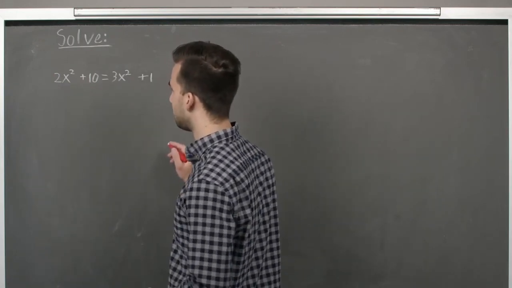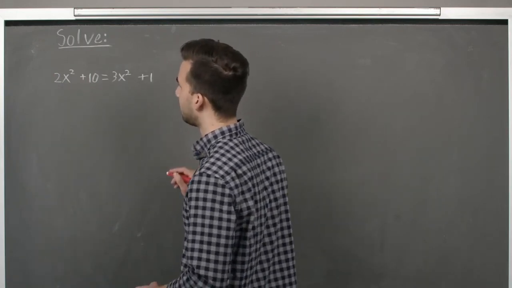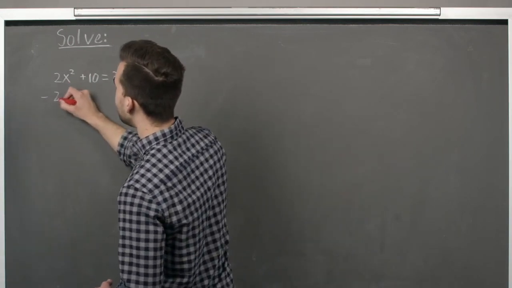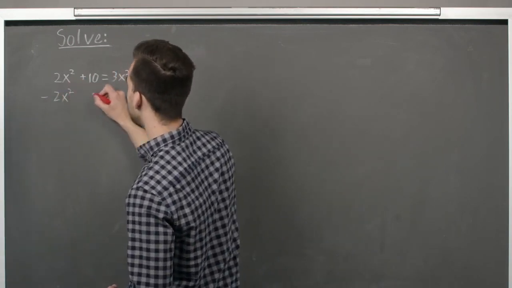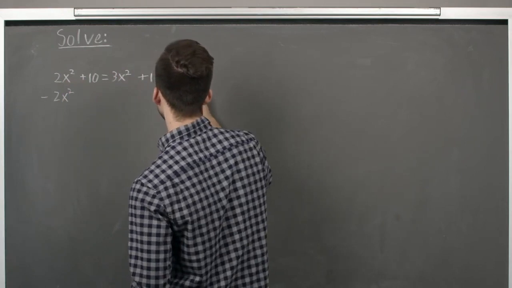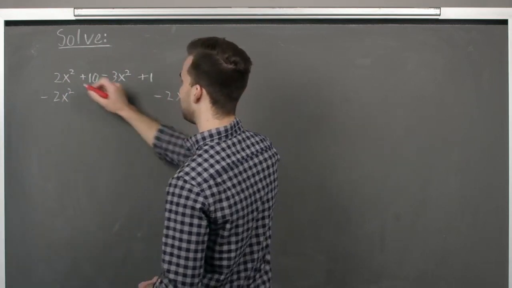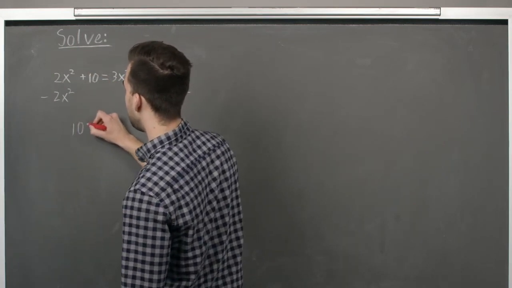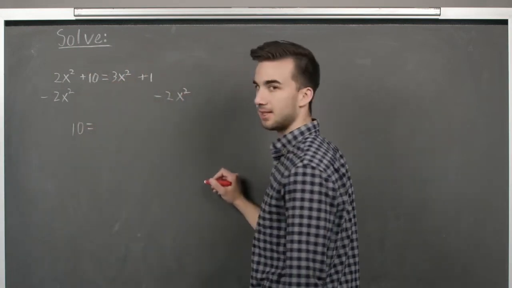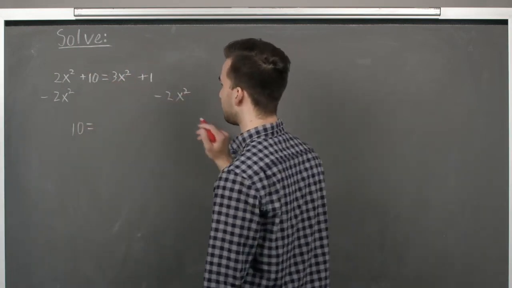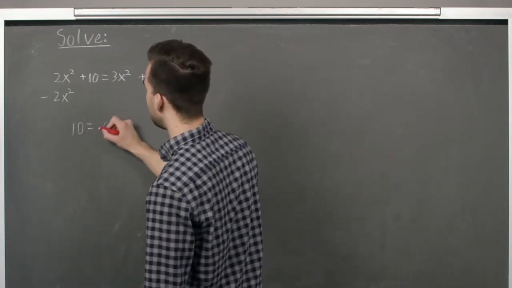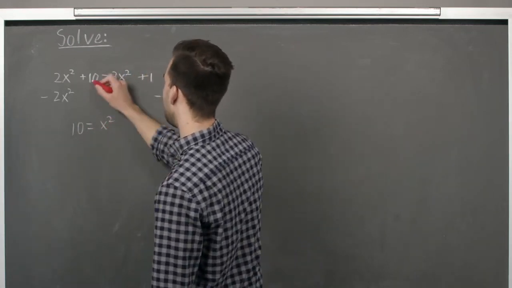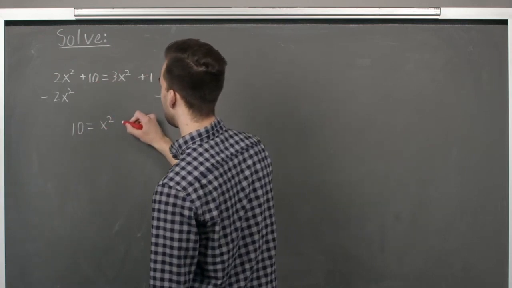So I'm just going to subtract 2x squared from both sides. So on this side, we'll be left with 10. And then 3x squared minus 2x squared is x squared, and then we're left with plus 1.